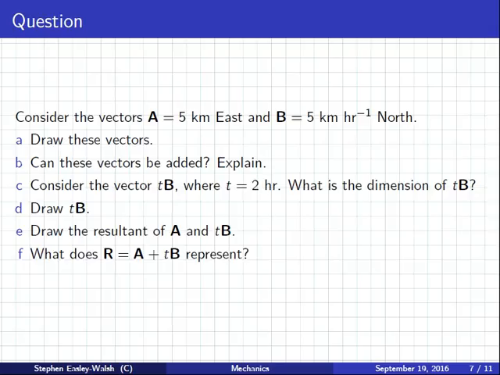Can we draw a 5 kilometer per hour? Yeah, it's funny, but you just draw it as 5 kilometers, because you can't draw the time. Okay, let's have a look now.